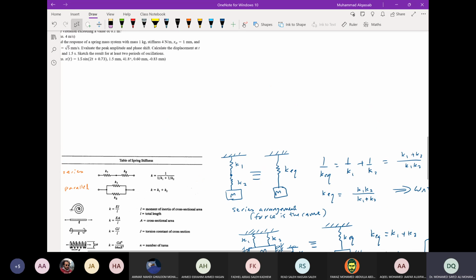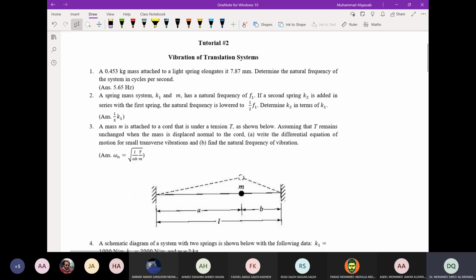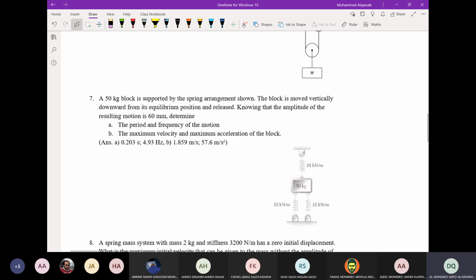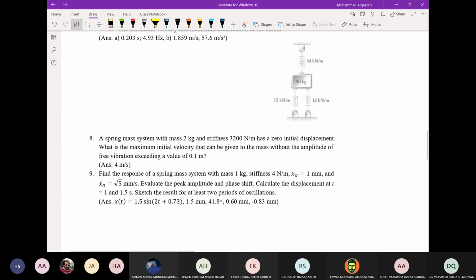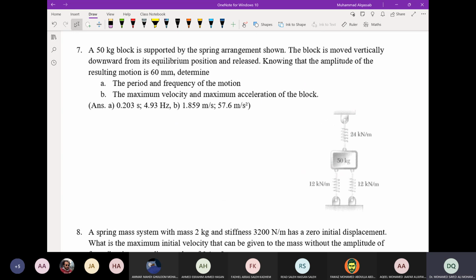Okay, so in the tutorial we have questions here. I will jump to question number 7, so that we have a direct example about the arrangement of springs. Question number 7: A 50 kilogram block is supported by the spring arrangement shown.